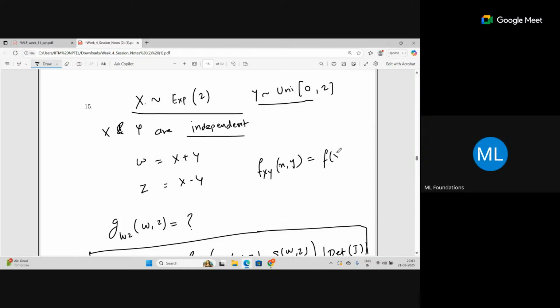It is basically f of x of x into f of y of y, if you remember it from stats. It is a multiplication of the probability density functions of x and y individually. What is f of x here? What is the PDF of x?